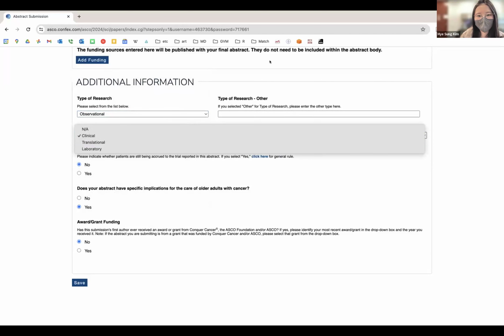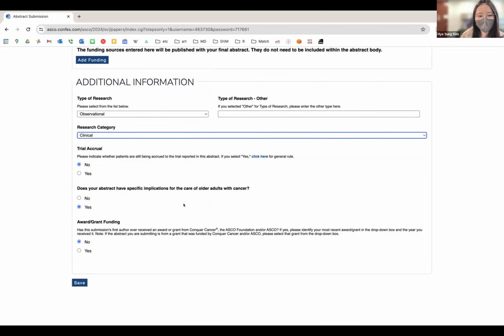And for both, I put yes, they have implications for the care of older patients with cancer. That's fine. Very good.